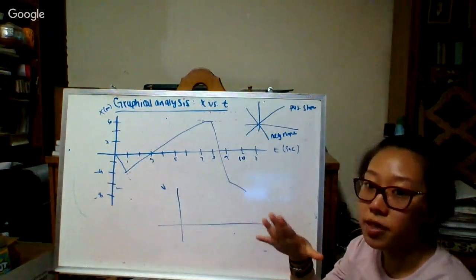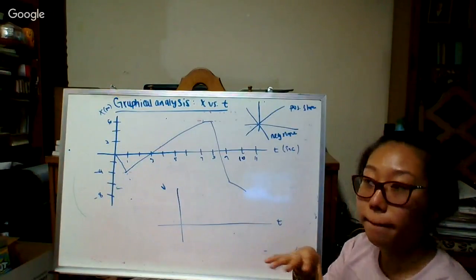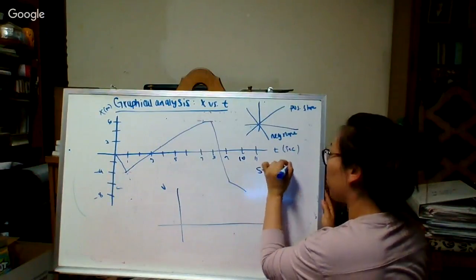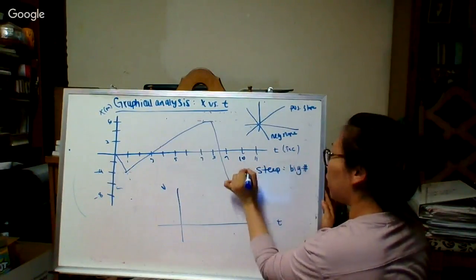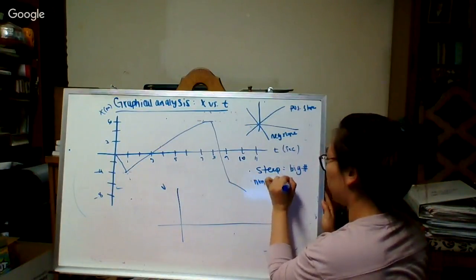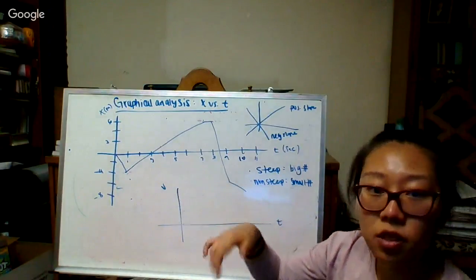And then the steepness, if it's really steep, it means that the number is very big. Okay, so steep, big number. Not steep, it's usually a fraction, so small number. Okay, so this one, it depends on what you say.